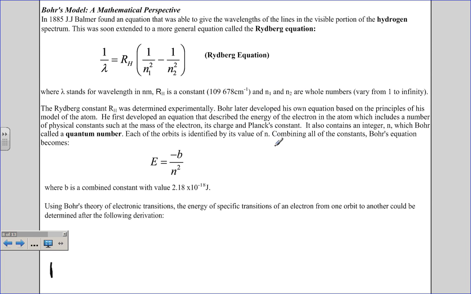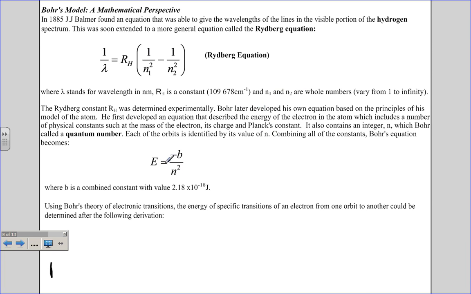He used his theory of electronic transitions and his understanding of his model. And really what it came down to is the fact that he had a formula relating the energy and the energy level within an atom.